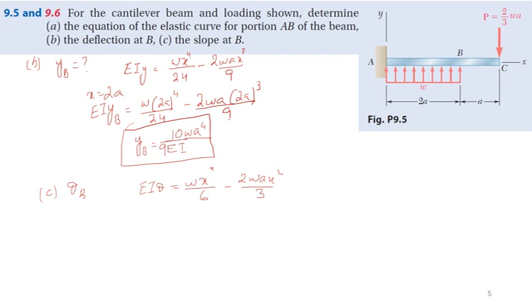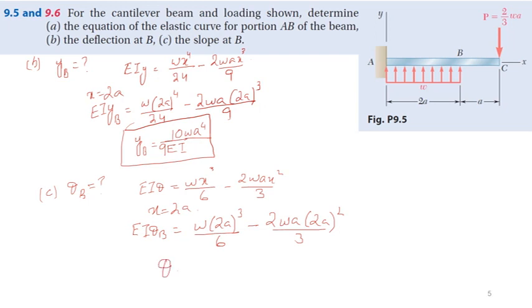Now to find theta B, x is equal to 2a, so EI theta B is equal to W(2a) cube divided by 6 minus 2WA(2a) square divided by 3.